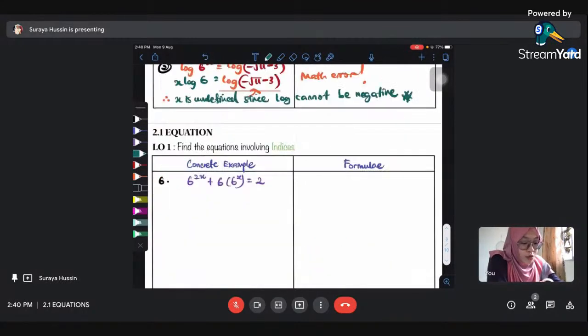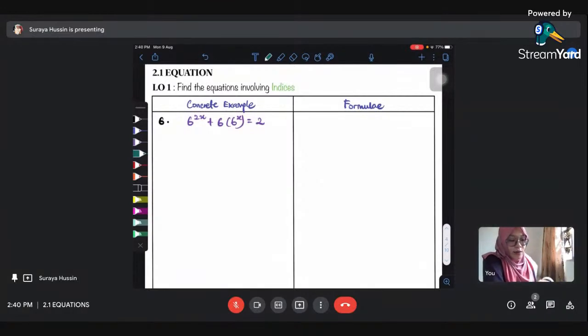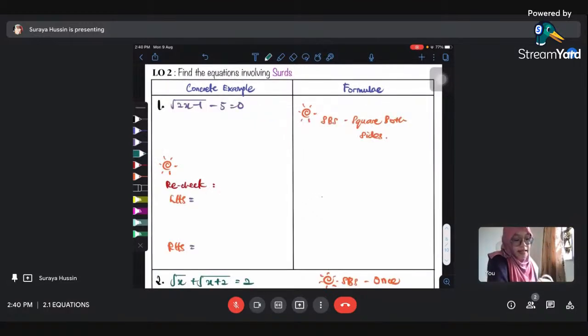So now let's go to the second LO. So the second LO iaitu find the equation involving surd. Untuk LO yang kedua ni, untuk solve the surd, saya hanya bagi 3 example sahaja.